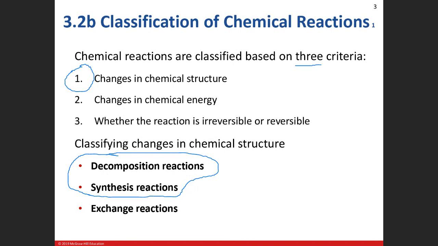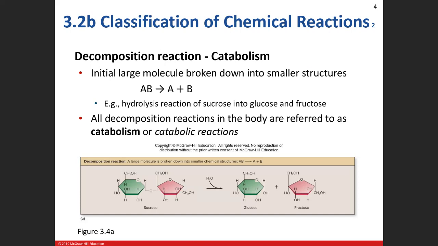Synthesis reactions are also known as anabolism. In synthesis reactions, we take a couple of small items, 2, 3, 4 smaller items, combine them together, and wind up with a larger item or structure.